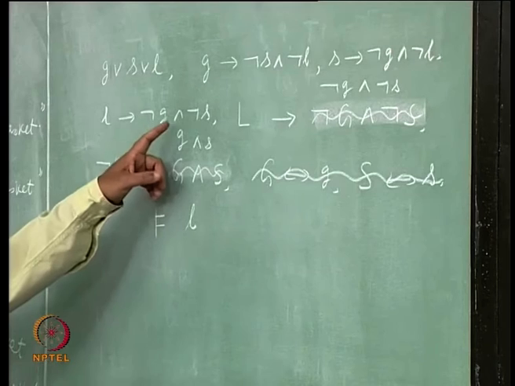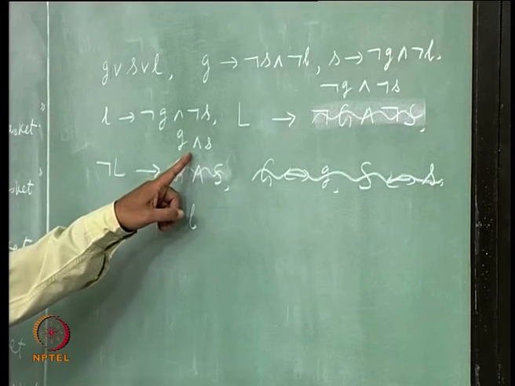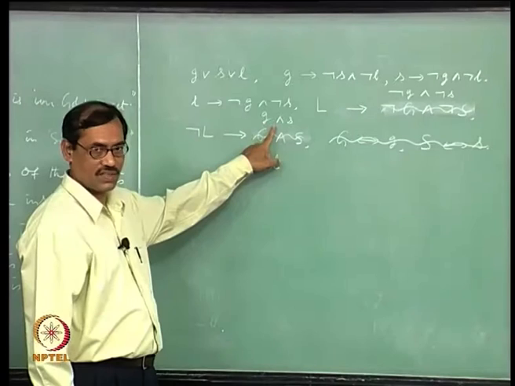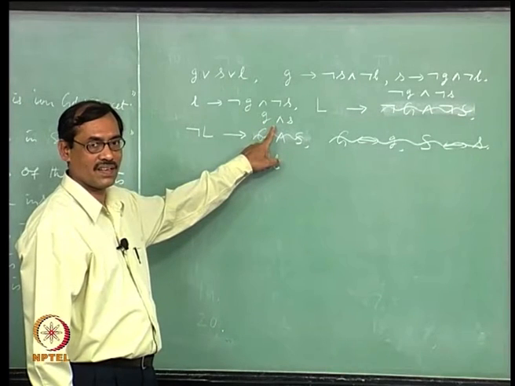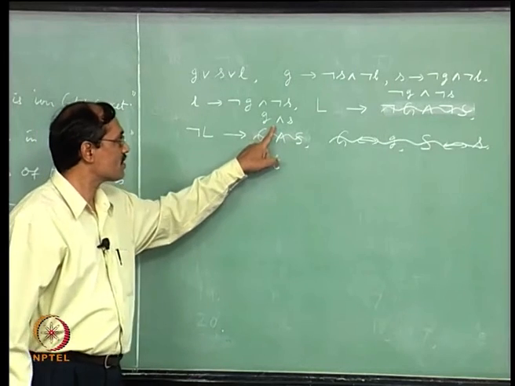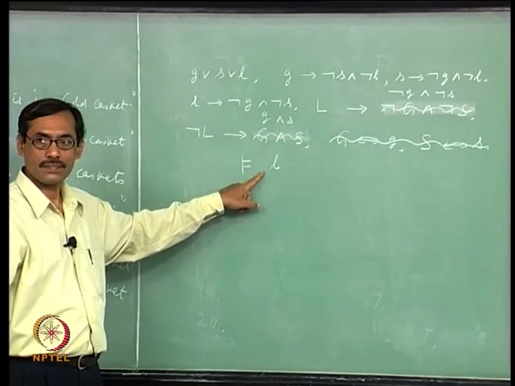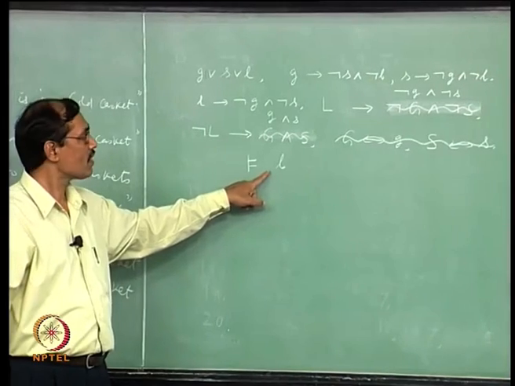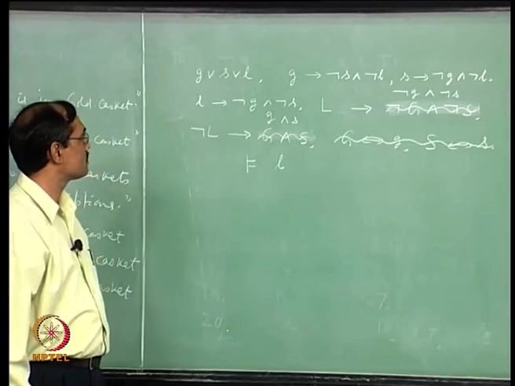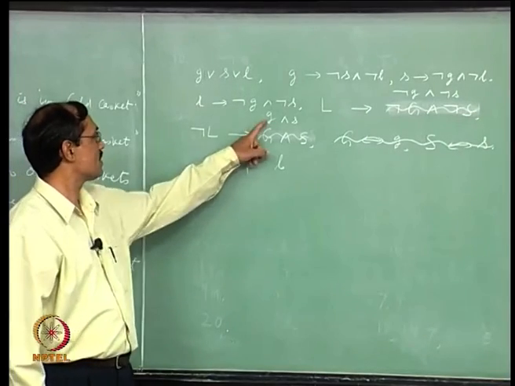G, G and S, G and S will give what? Not G and not S. Not of G and S will give L. Not of G and S, not of G and S will give, where? Here, that will give capital L.